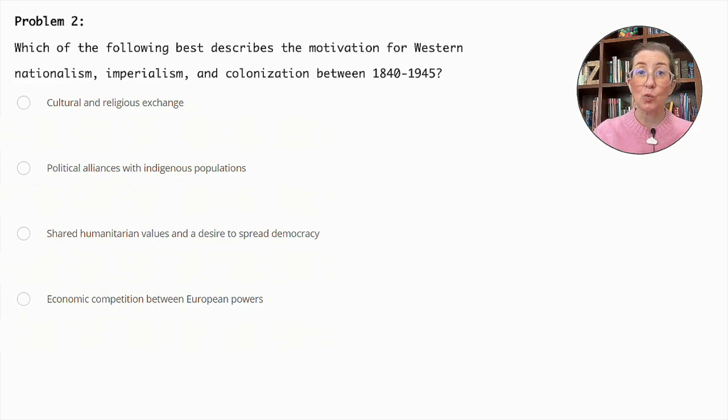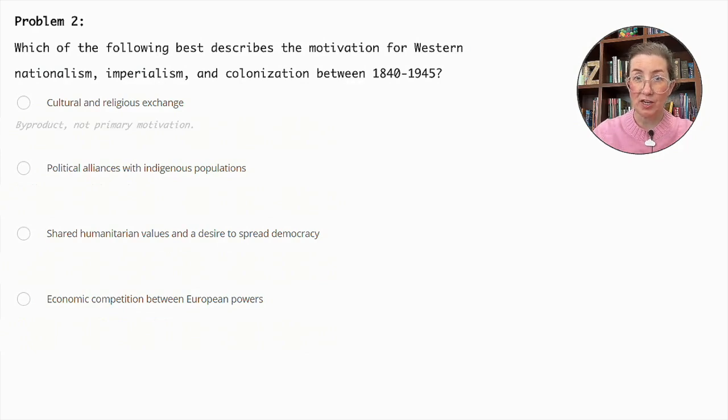The motivations were not primarily driven by cultural and religious exchange, political alliances with indigenous populations, or shared humanitarian values and a desire to spread democracy.